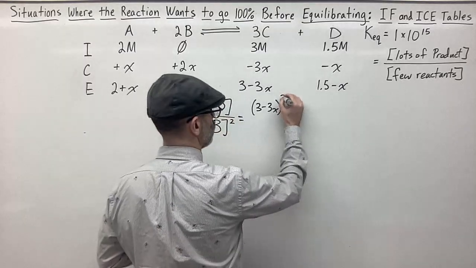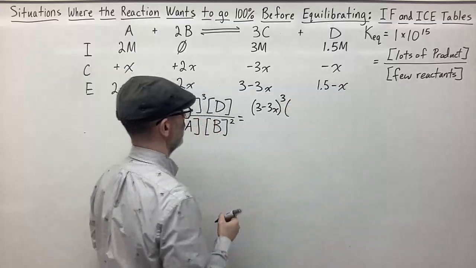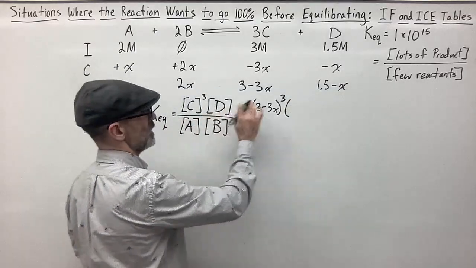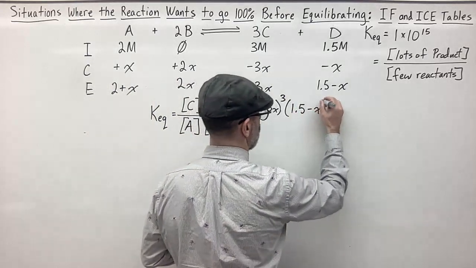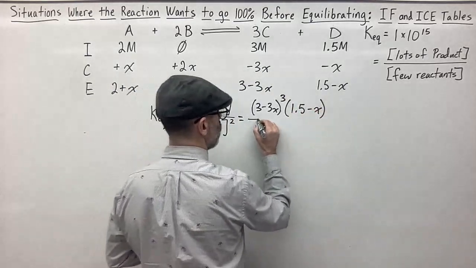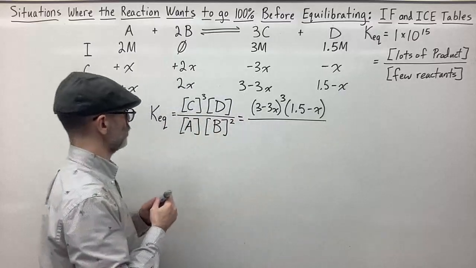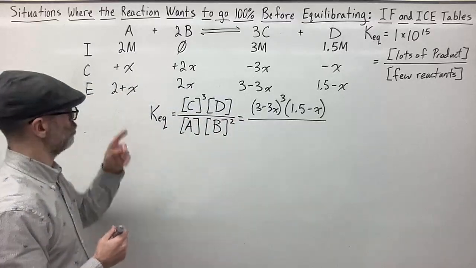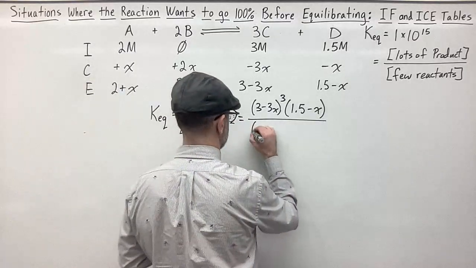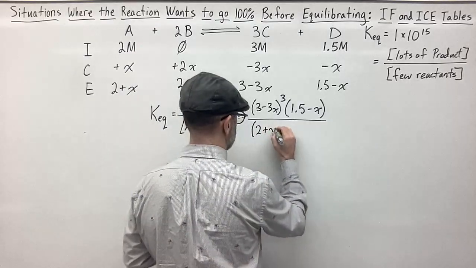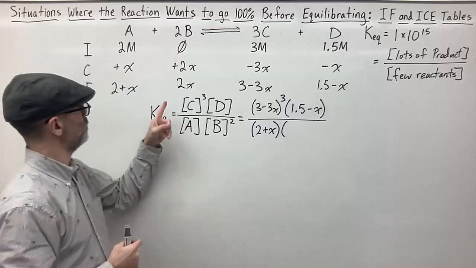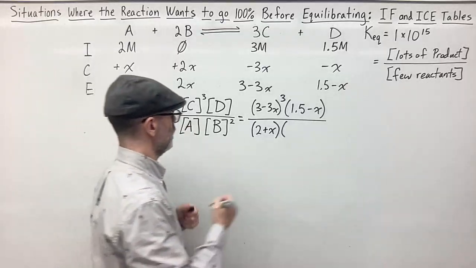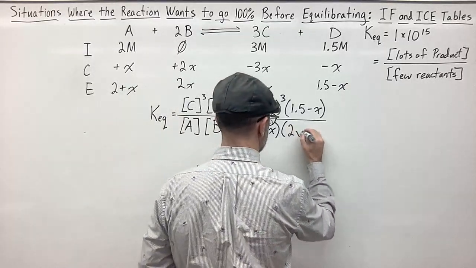So there's a cube there. Multiplied by the concentration of D, which is 1.5 minus x, over the concentration of A, which is 2 plus x. And then multiply that by the concentration of B, which is 2x, and that's going to be squared.